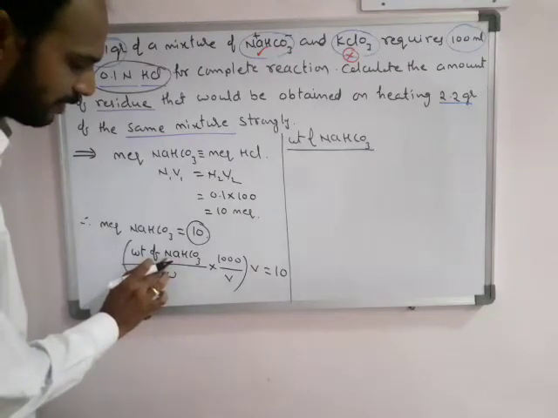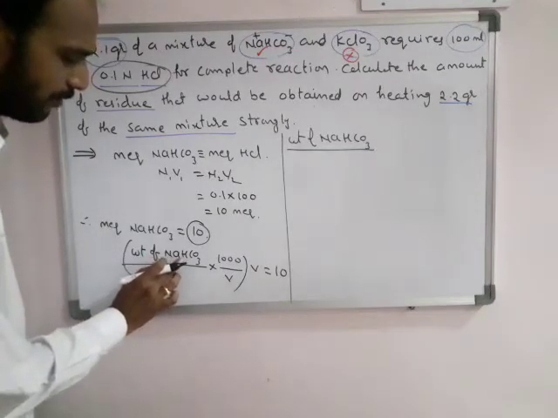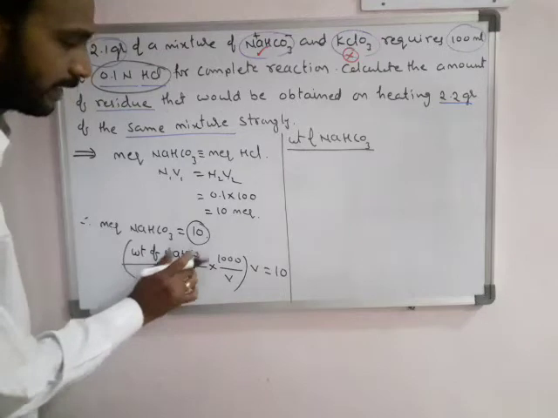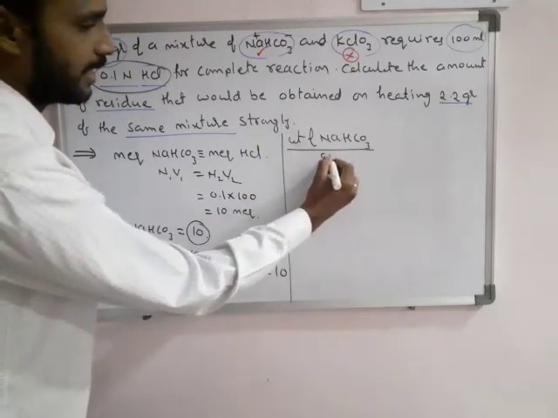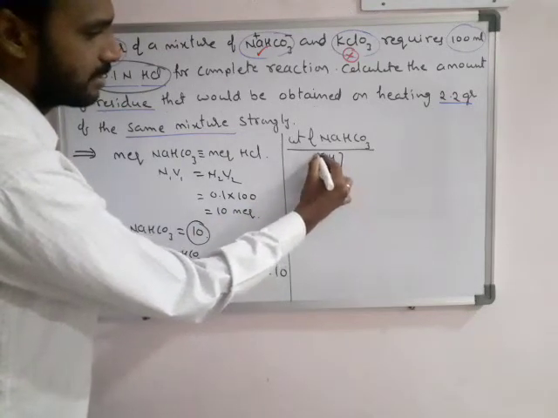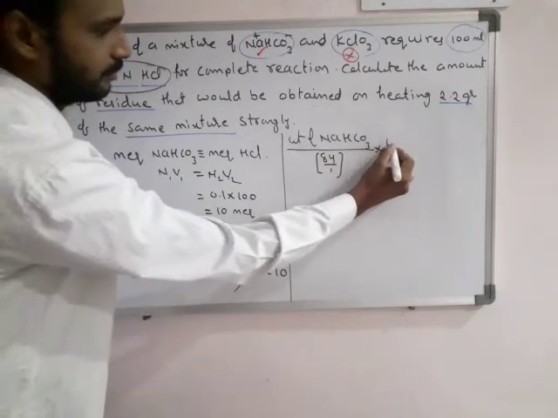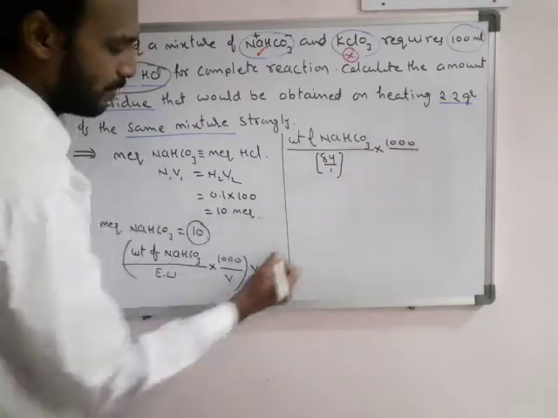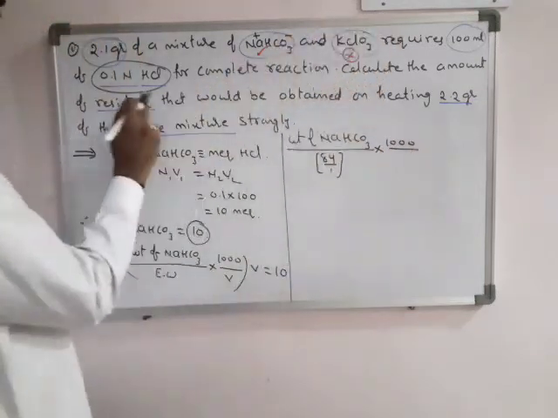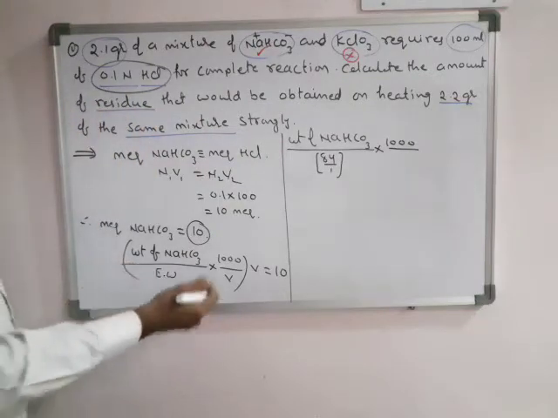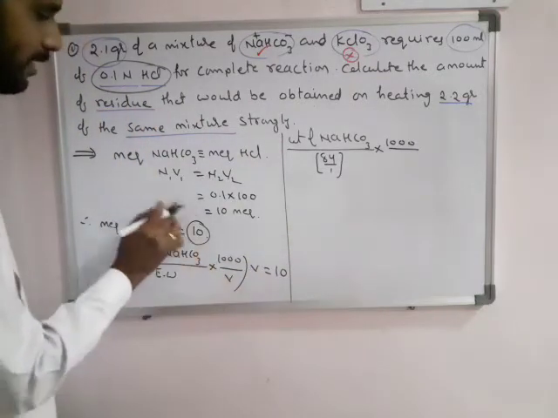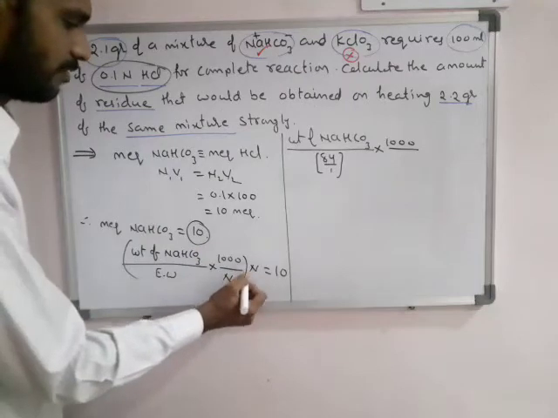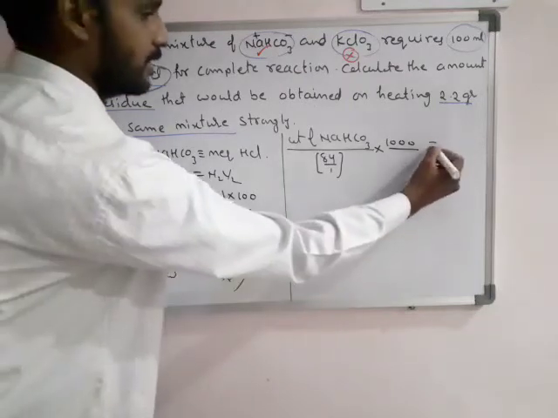Molecular weight: 23, 1, carbon 12, and oxygen 48, so finally we get 84 by its valency, charge 1, into 1000 by the value given for HCl, which cancels, that is equal to 10.